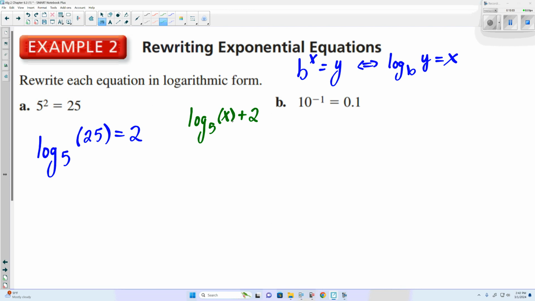The textbook will add parentheses when it's wanting to signify that the x plus 2 is together. If it's not, they'll just leave the parentheses off and just assume that you know that they're separate. I think it's better to go on and just have the parentheses either way so that we know for sure if they're together or not. We don't have to just assume based off the setup. It's one way or the other. Does that make sense?